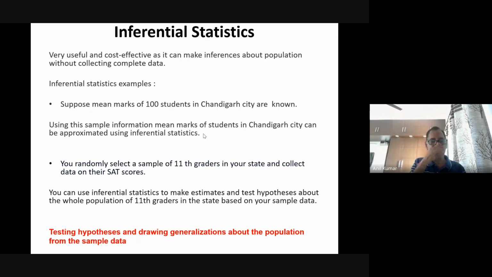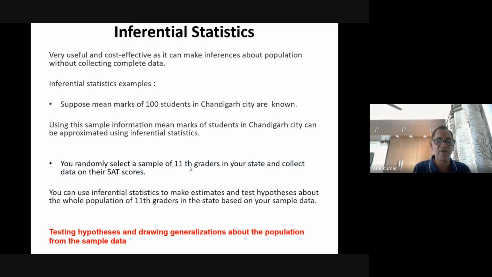Likewise, let's look at the second example. You randomly selected a sample of 11th graders in your state and collected data on their SAT scores. I think you are well aware that the SAT examination was conducted for 11th graders, and a sample we have collected was randomly selected.